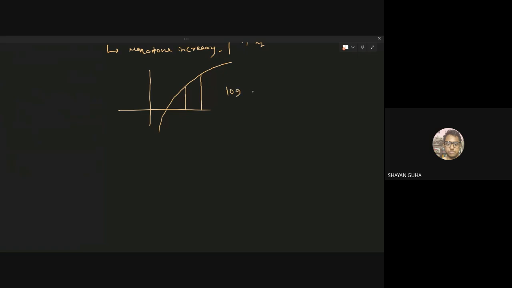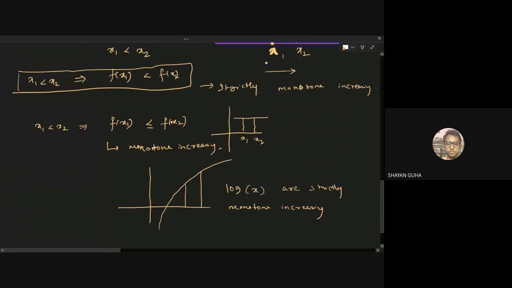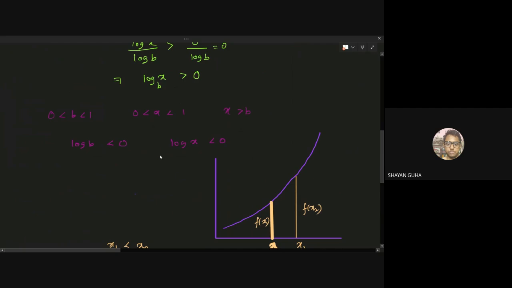Log x is strictly monotone increasing. So why am I telling you about monotone increasing? Basically, we have x greater than b. So from here I can write that log b will be less than log x, because it's a monotonic curve. That's why I can write it.